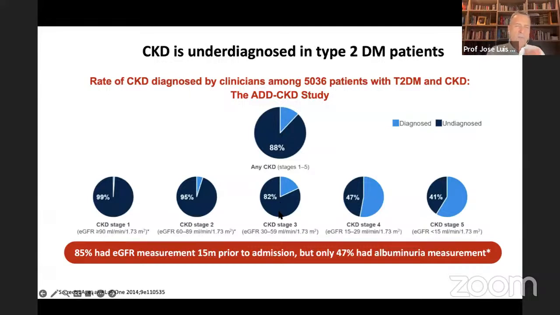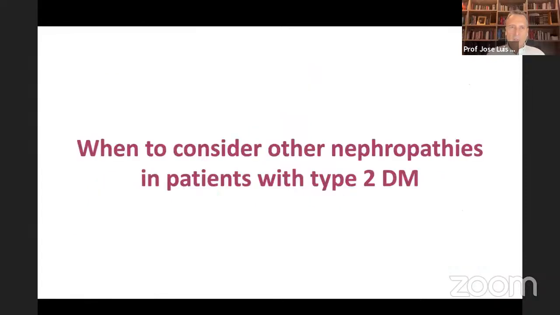Every patient older than 60 years, every patient with hypertension, every patient with risk factors should include albuminuria together with estimated GFR in the measurement, okay, to detect chronic kidney disease.